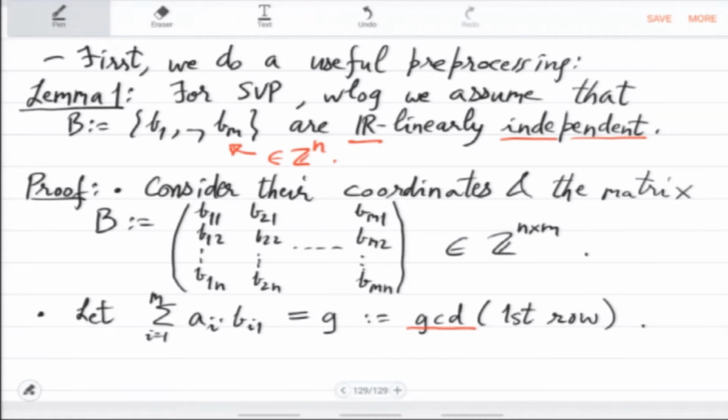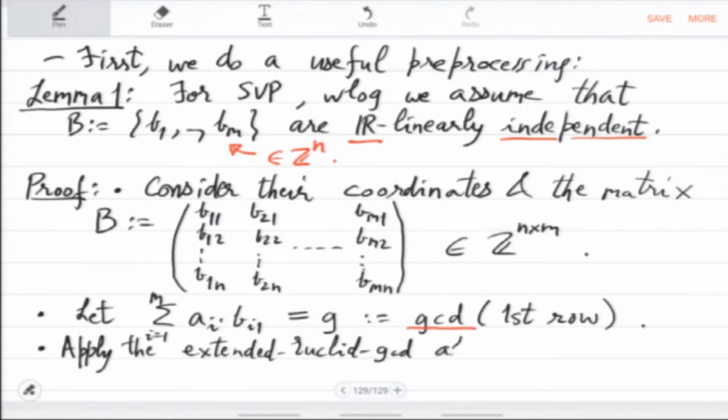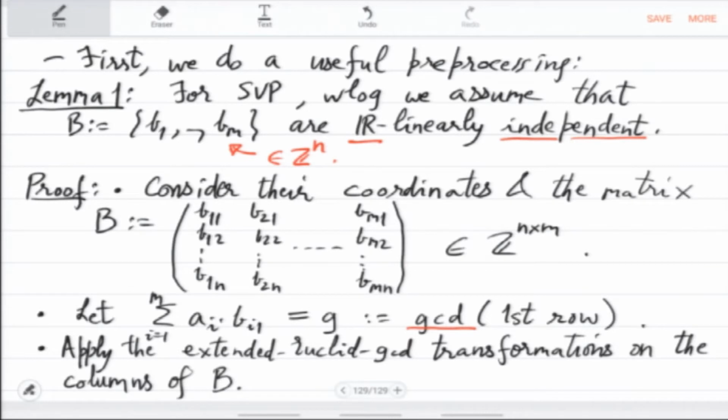So, let us write that down. Apply the extended Euclid GCD algorithm, or let us say transformations, on the columns of the matrix B. Fine.